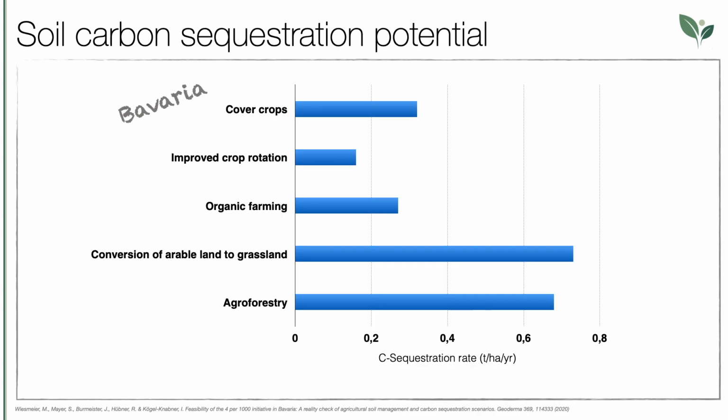If we look at the carbon sequestration potential of different farming methods, here using the example of a study in Bavaria and Germany, we see that for a certain number of years, as one cannot build up humus endlessly, the different approaches such as green manure, the incorporation of green manures, improved crop rotation, conversion to organic farming can sequester between 0.2 and 0.3 tons of carbon per hectare per year.